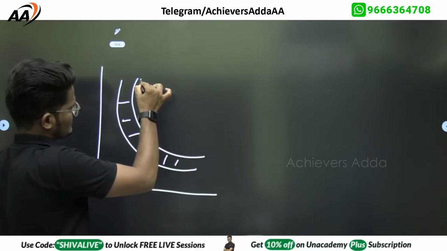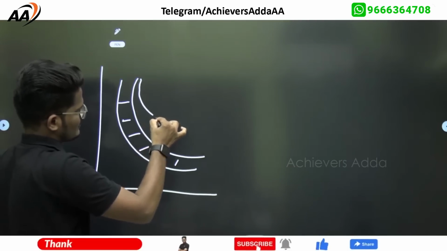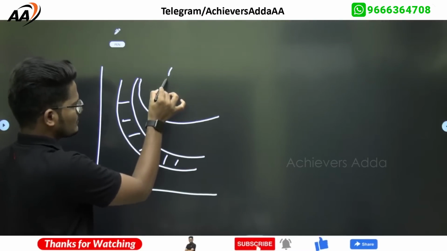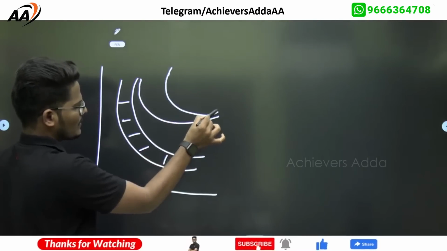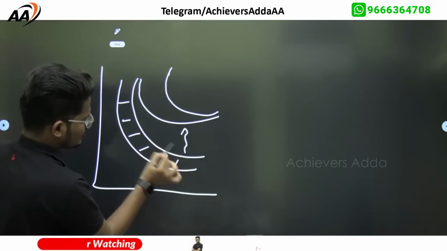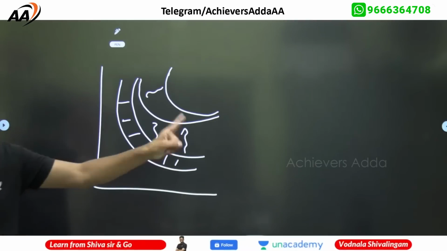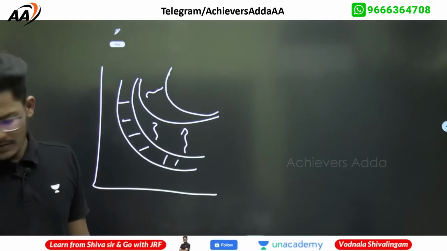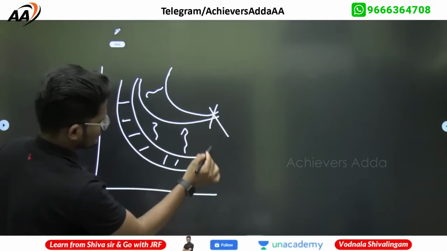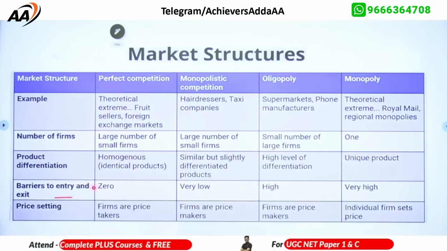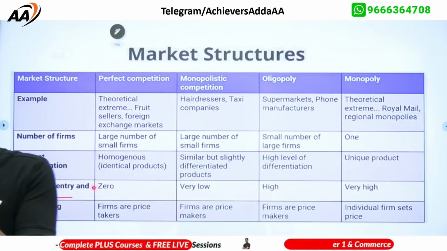It can be like this also, and it could be like this too. They never touch. No need to be parallel. Still, that is an indifference curve, but it will never touch. There should not be any touching between these two. That is another property which was asked recently.